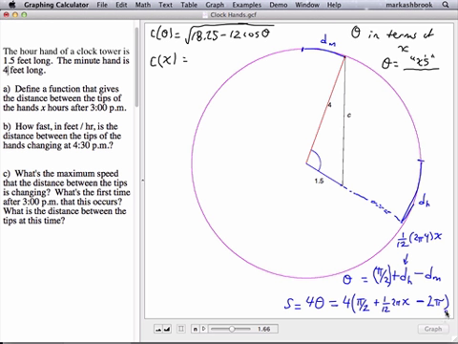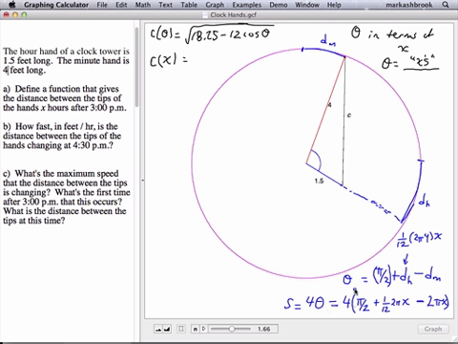So then in x hours, it'll be 2 pi x. Okay, so we got theta in terms of x.